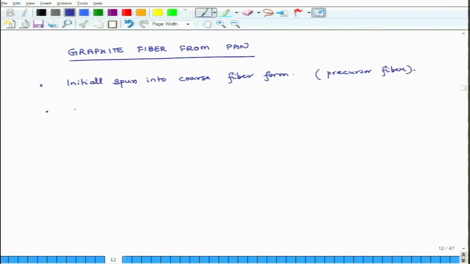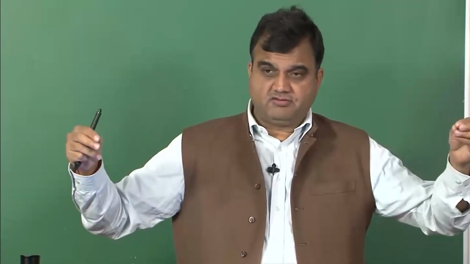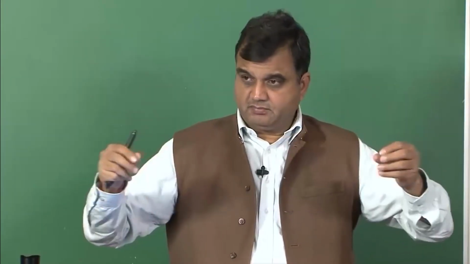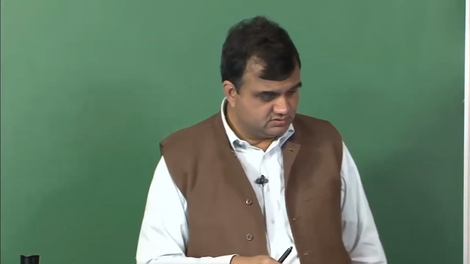Then you stretch them by applying load. What type of load? Tensile load. So, you have a fiber and you stretch it by applying some tensile load, and in that process the molecules of carbon start aligning because of this external force.